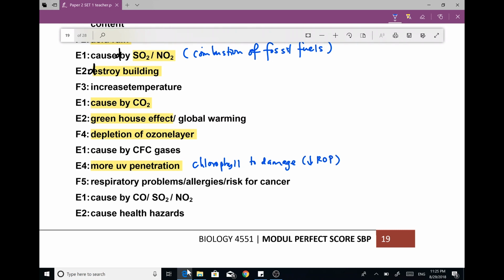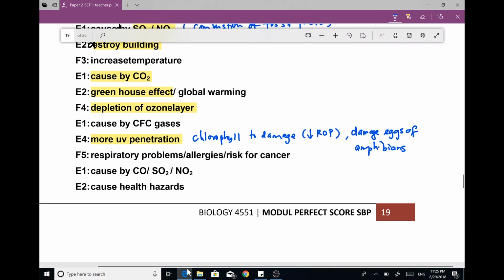At the same time, the UV might also damage the eggs of amphibians, disturbing the balance of the ecosystem.